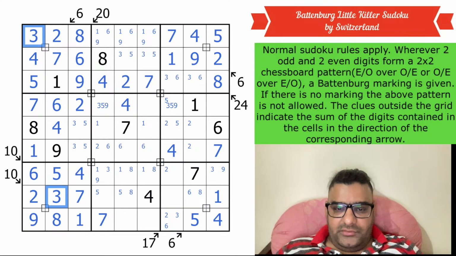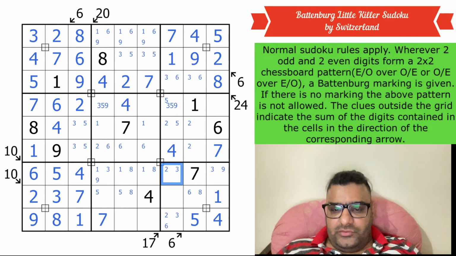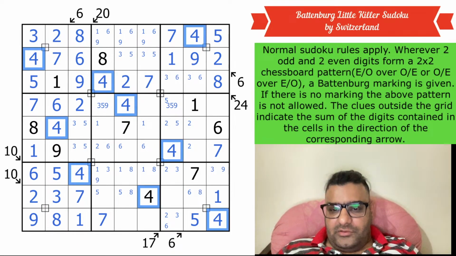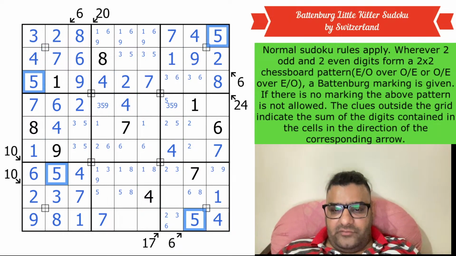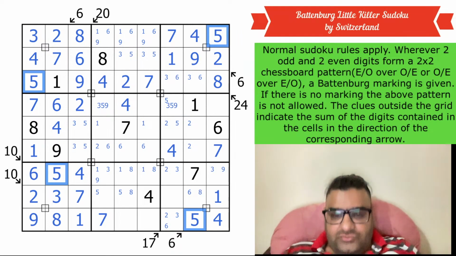If I go to 3, 3 can be any of these. 3 can also be here. 4 is completed. 5 is not completed. I know 5 is one of these. 5 is here in these two.